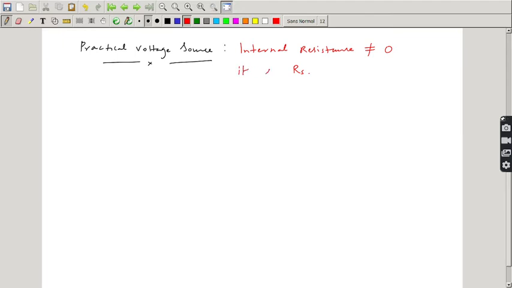You can draw the figure here: this is the internal resistance, the terminal voltage is V, this is Vs with plus and minus, and the current is I.